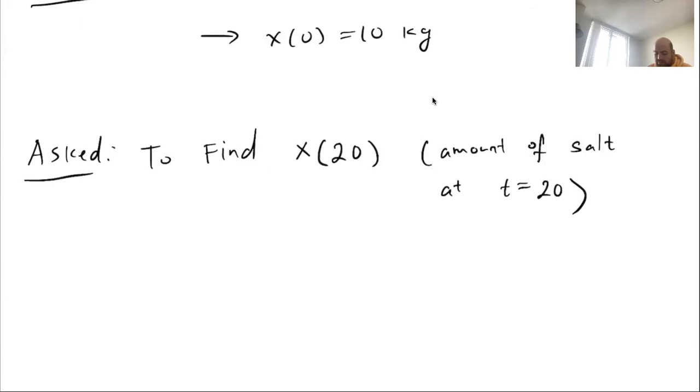Okay, now setting up the ODE. But what is the rate of change of X? How fast the amount of salt changes?